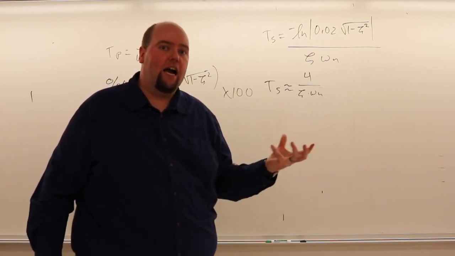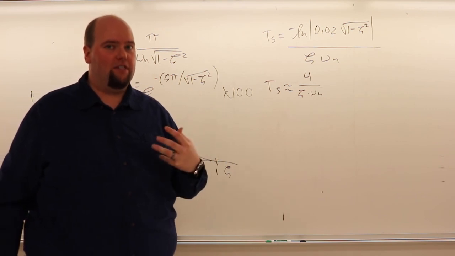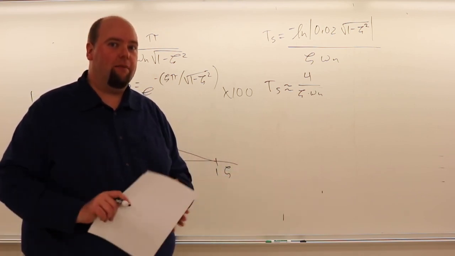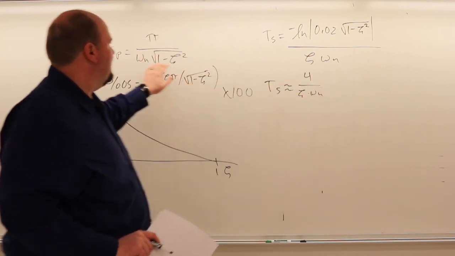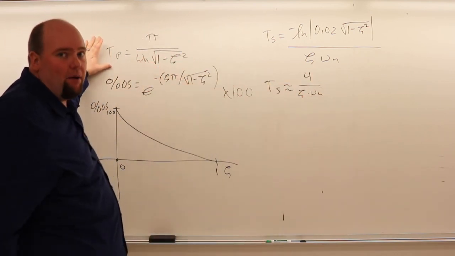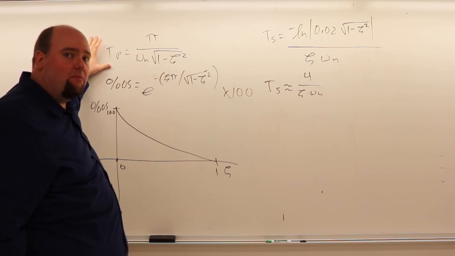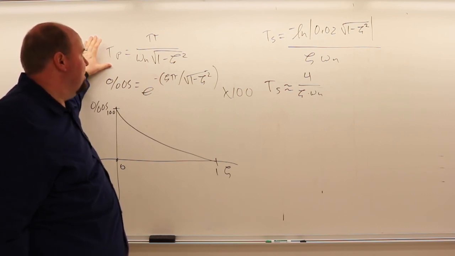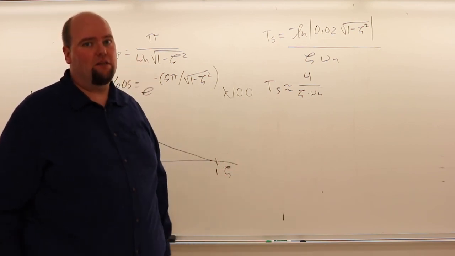Once we're finding a time, we can no longer look at just the shape of the system. We have to look at the shape of the system, and we have to look at that overall time constant. So we have to incorporate the natural frequency back into these expressions if we're trying to pull an actual time out. Because if our system is operating at the gigahertz scale or at the millihertz scale, absolutely, that natural frequency scale is going to matter, not just the shape of the system response.